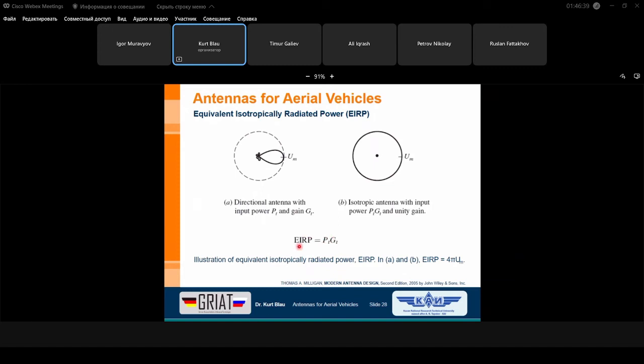And in log scale, it's a difference. It's clear: you have the log of the given EIRP minus the gain of the antenna, because it's in the denominator. So this is what I want to explain regarding the equivalent isotropically radiated power.